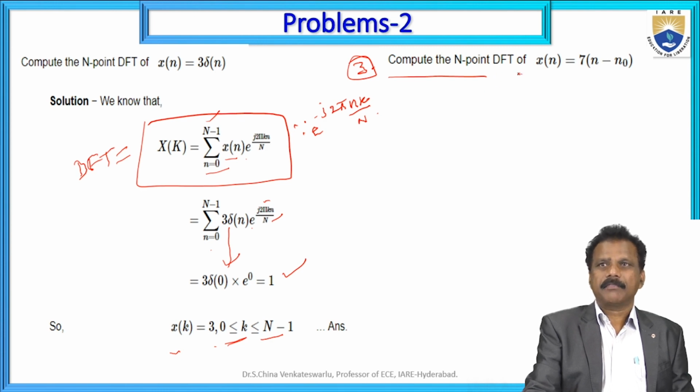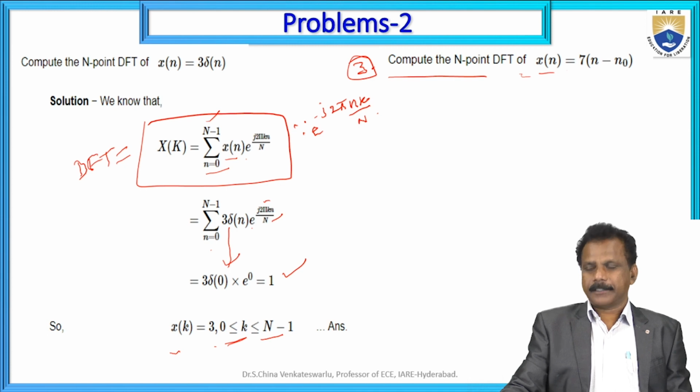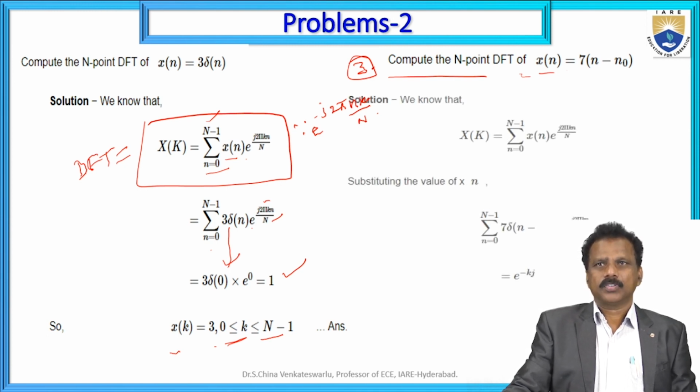Compute the N-point DFT of x of n equal to 7 delta of n minus n naught. This is the N-point DFT given.